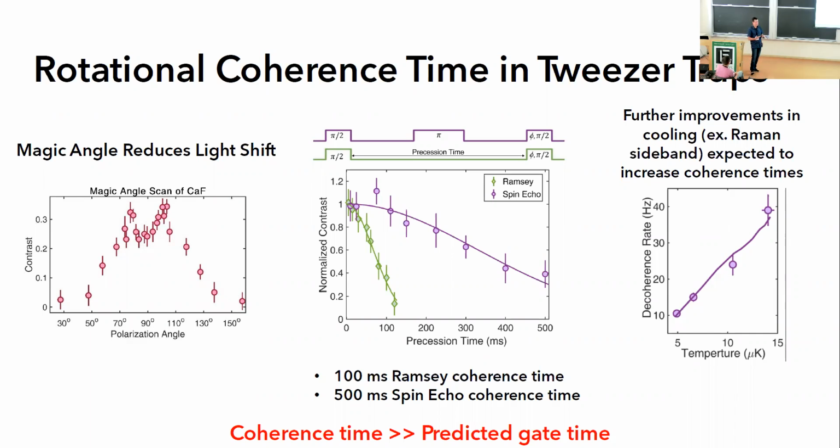So if there's a way to further improve your cooling of these molecules, it's natural to expect much longer coherence times on the order of several seconds. But nevertheless, even with the 100 millisecond coherence time that we have here, this is still much longer than the predicted gate times between, say, two CaF tweezers. So in a sense, this already appears to be a useful qubit in the future.